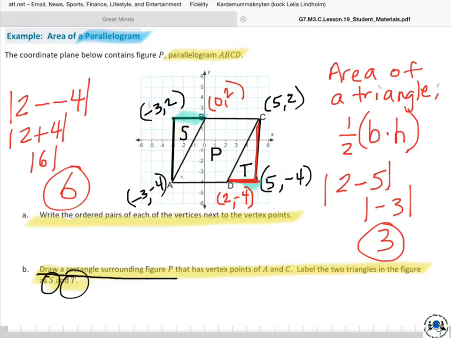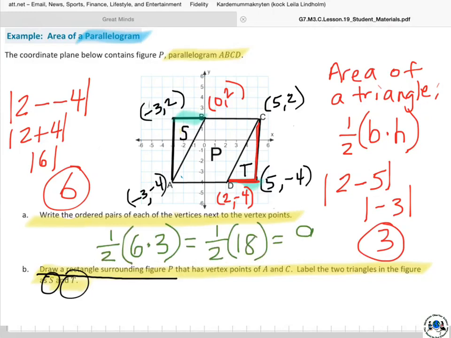The absolute value of 6 is 6, and therefore our height is 6. Base of 3, height of 6, and we plug into our formula. Half of 6 times 3 is half of 18, which is 9 square units. So we have 9 square units for triangle T, and as triangle S is equivalent, it would also be 9 square units.